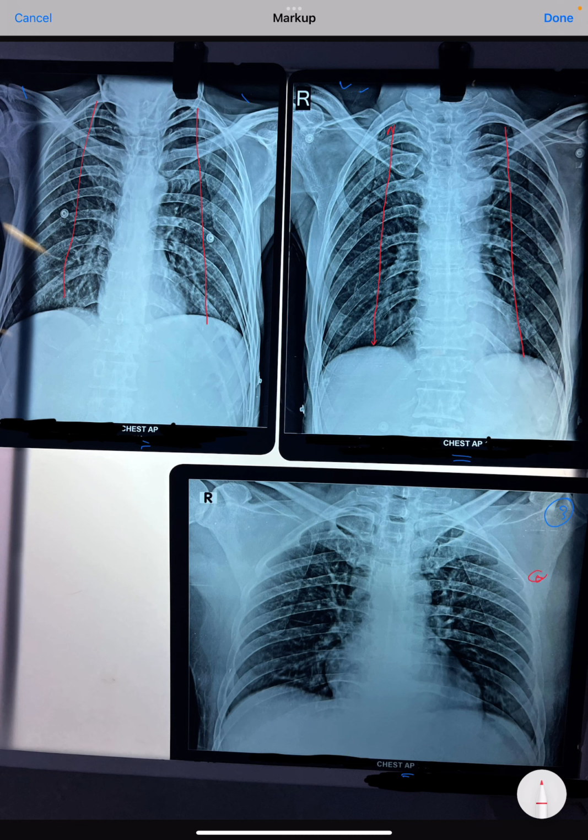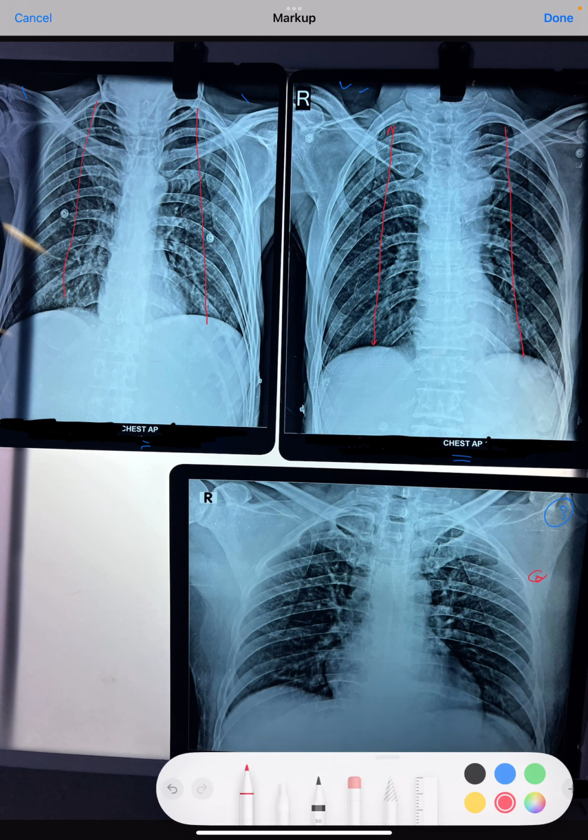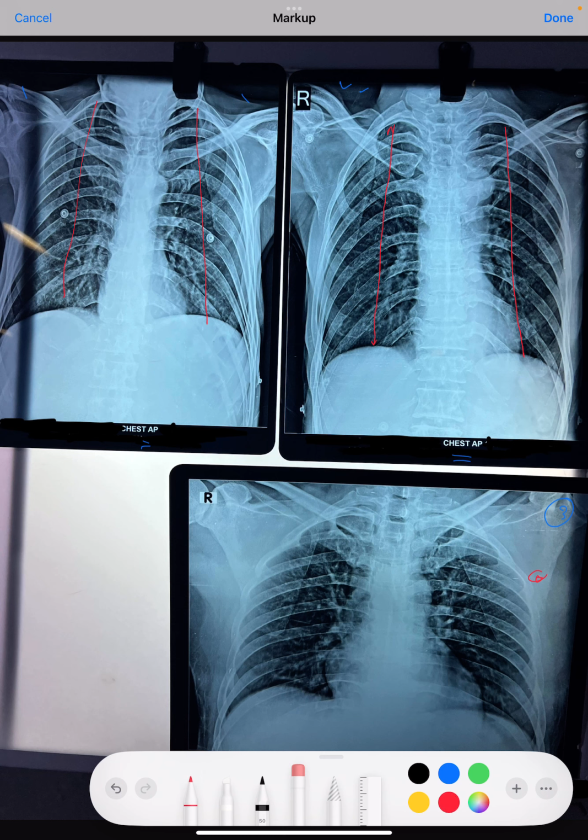In short, that tells us that the lungs are hyperinflated, much more inflated. That is the reason why the upper and lower lung borders are distinctly far apart.